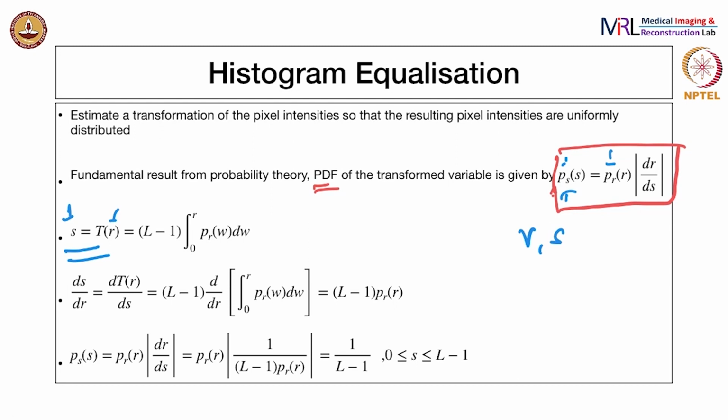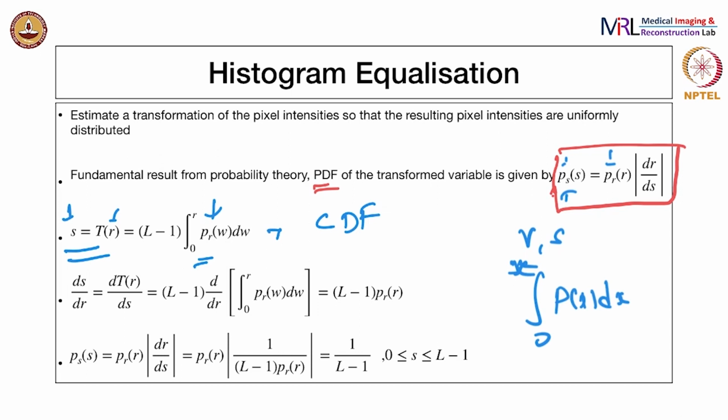And we contend that the function T(r) that does this is nothing but the cumulative distribution function, the CDF. The cumulative distribution function for any probability distribution is the integral of p(x) dx from 0 to x. That's how you define the cumulative probability distribution.